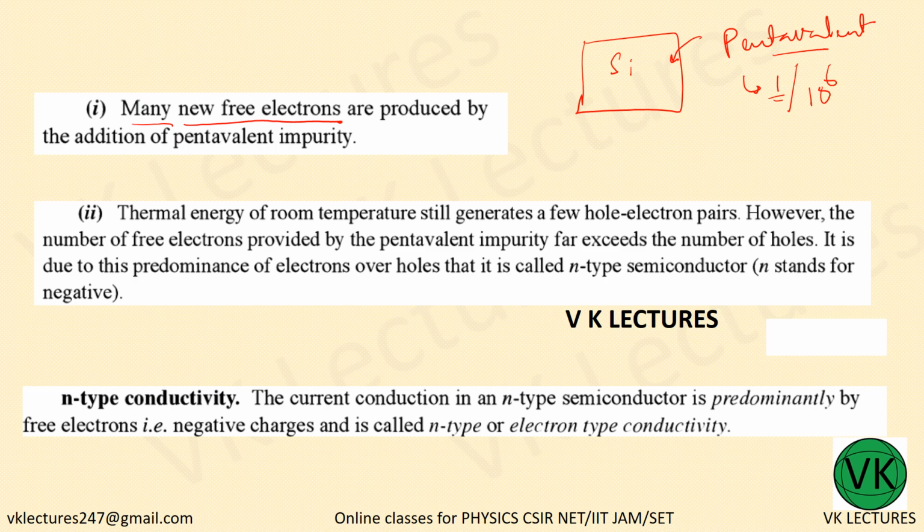Even this very small addition of pentavalent atoms will produce a large number of free electrons in a crystal, which take part in conduction. That is why these pentavalent impurities are used, in very small amounts, for a PN junction.